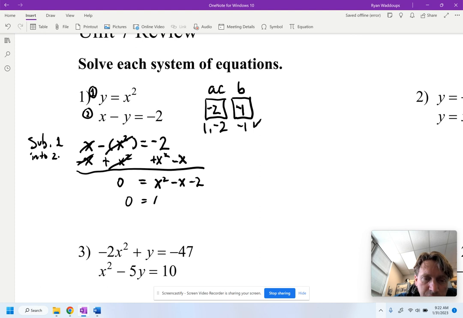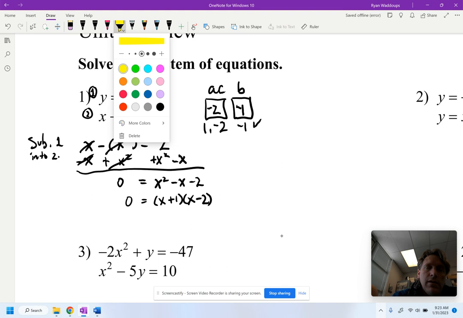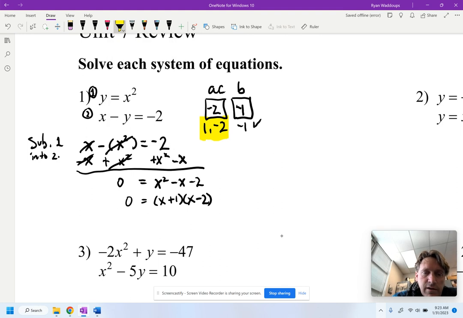0 is equal to x plus 1 times x minus 2, using these numbers here, x plus 1 and x minus 2.